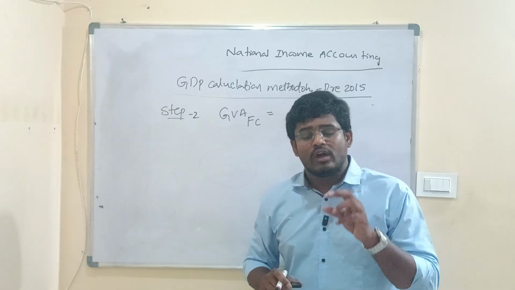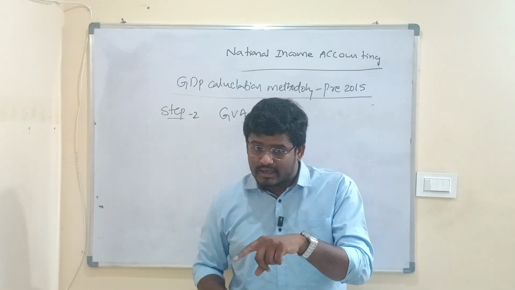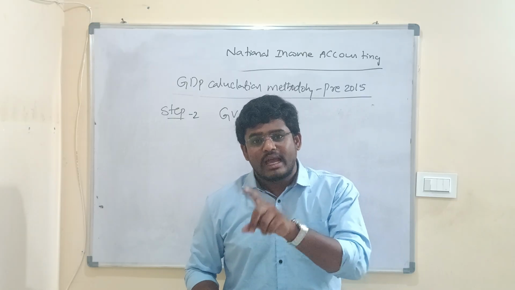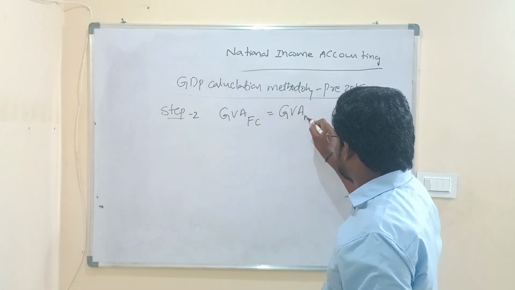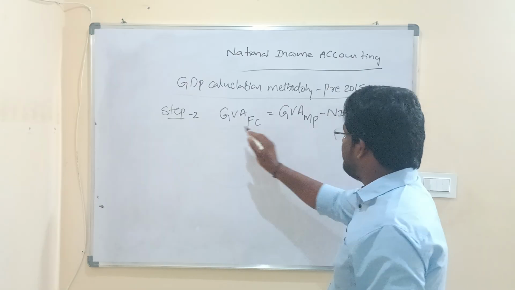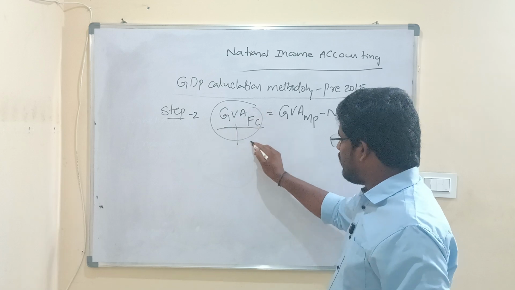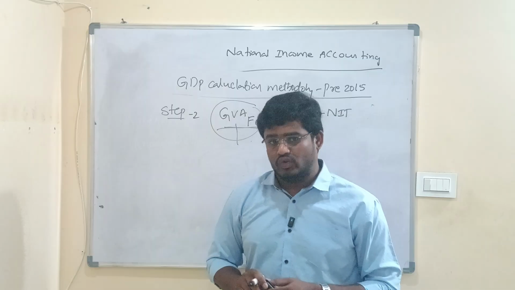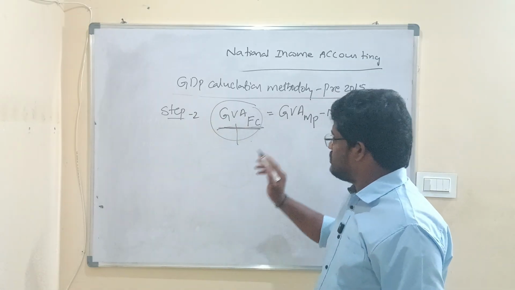We have discussed that national income at factor cost can be derived as gross value added at market price minus net indirect taxes. So gross value added at factor cost is derived for the sectors we have discussed, the primary sector and registered manufacturing units. This is step 2. So the gross value added at factor cost level has come.